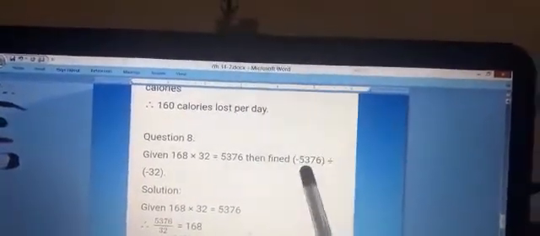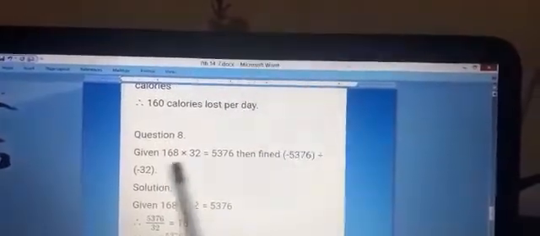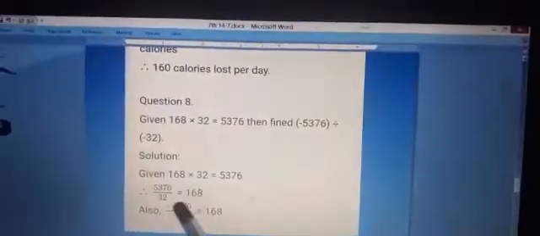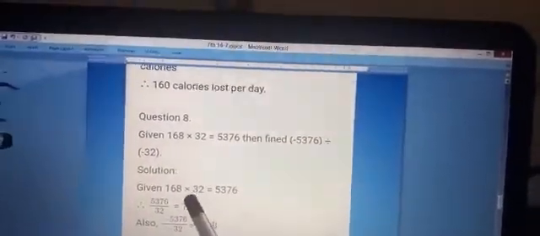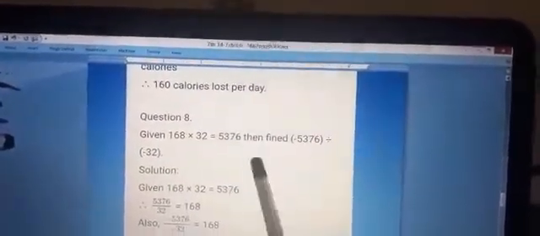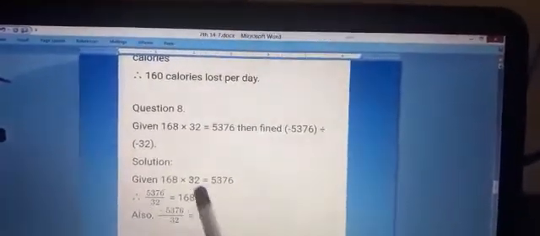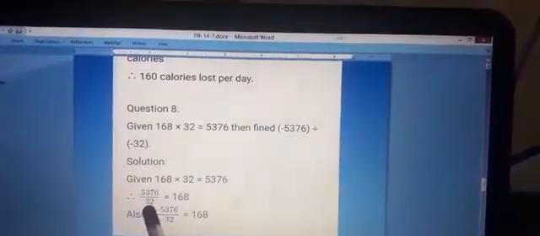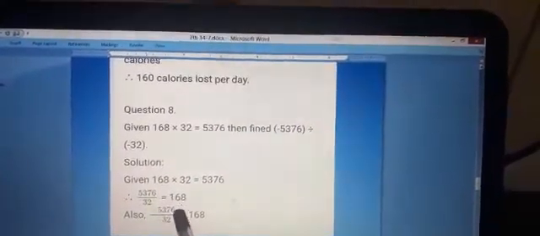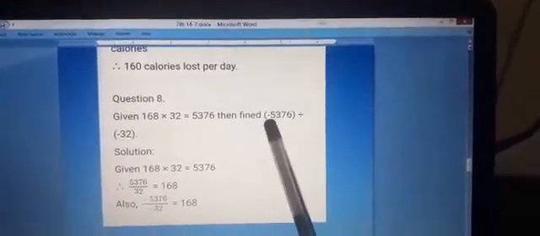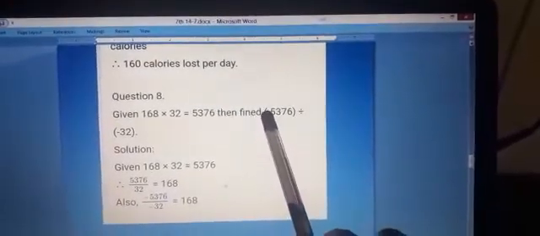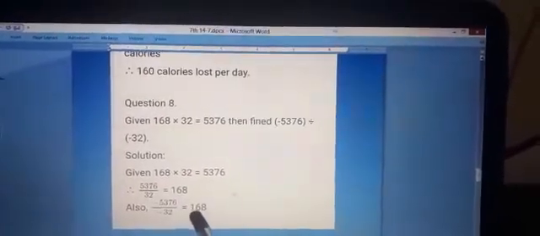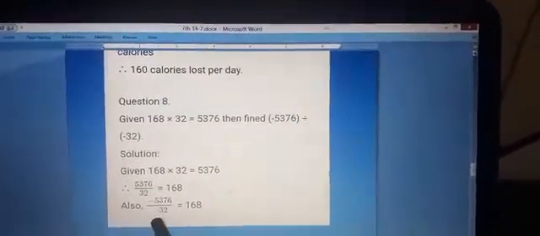That is given here: 5376 divided by 32. Then what is there in the LHS side? 168. So that is the answer. So from this multiplication, we get this by using the transpose method. 5376 divided by 32, we get 168. The question is negative by negative. So negative by negative, we also get the same answer because negative by negative is positive.